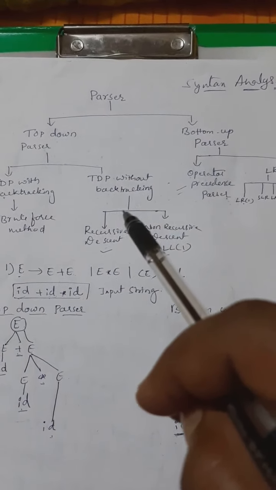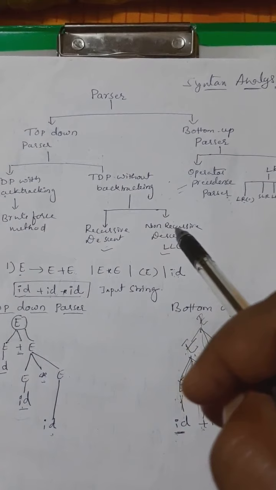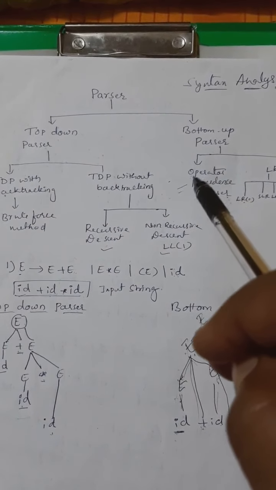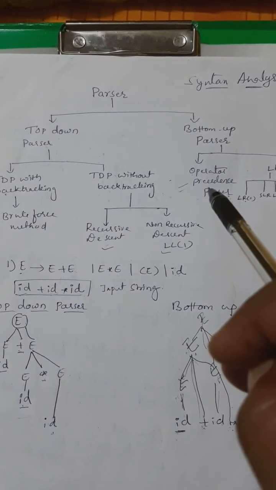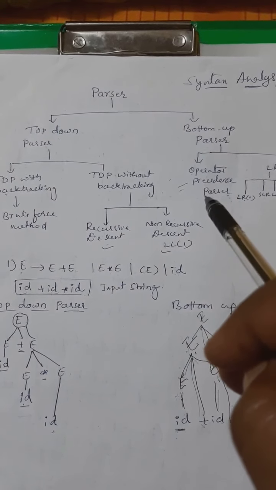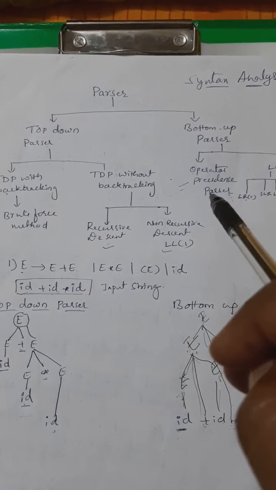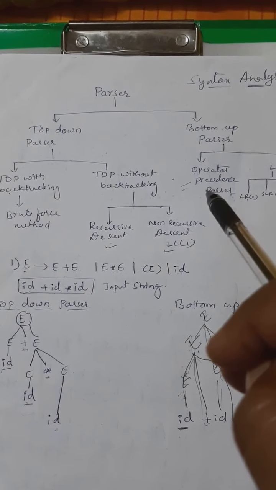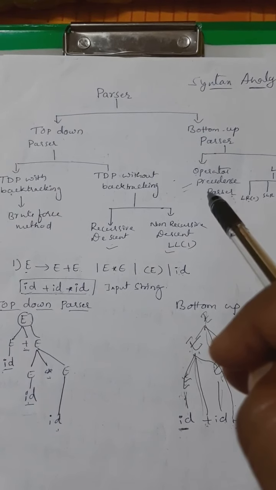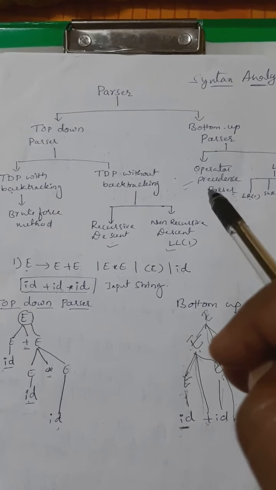All these parsers work on an unambiguous grammar except the operator precedence parser, which also works on an ambiguous grammar. You already know what ambiguous and unambiguous grammars are. We will see these topics in the next videos.